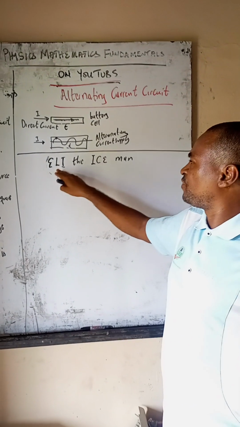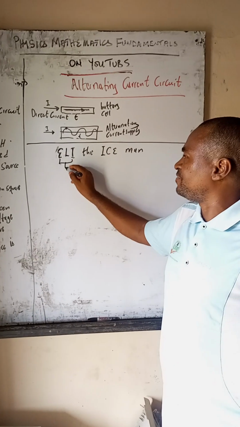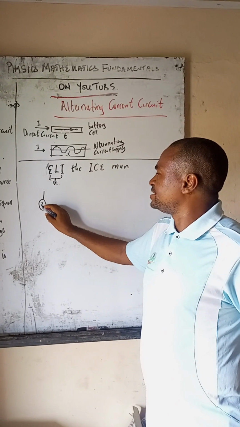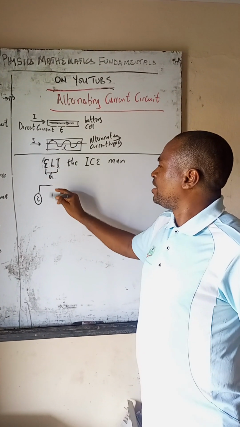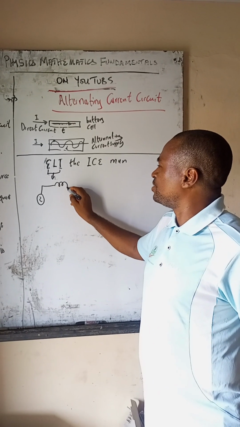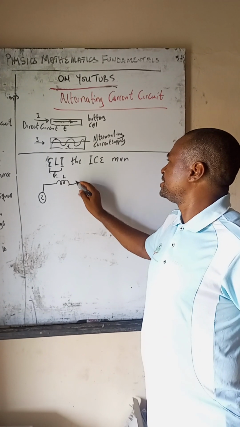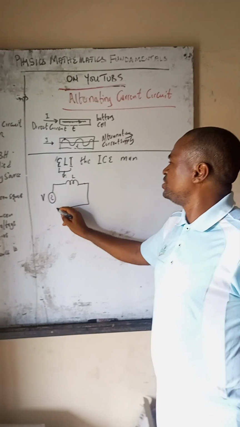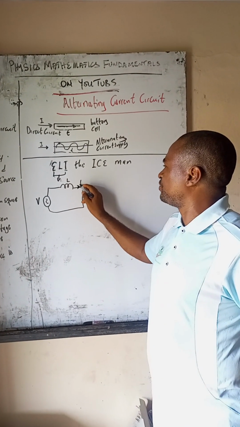So for this AC circuit, we are talking about an alternating circuit that has an inductor L, with this particular voltage, in which the alternating current I is flowing.